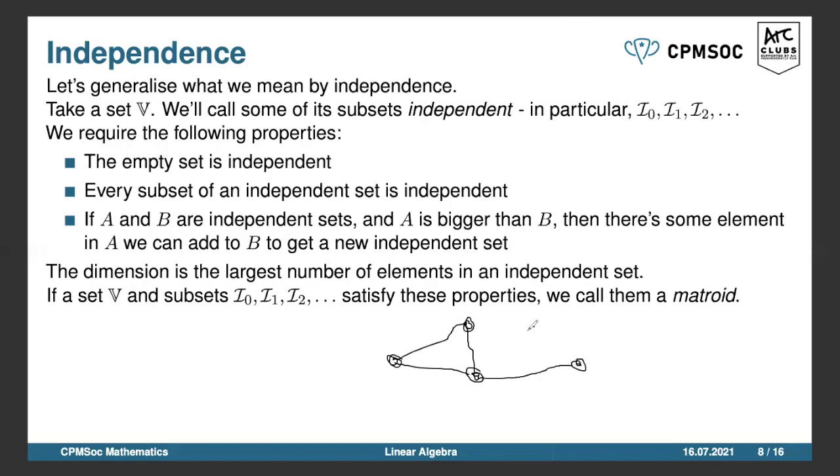If you take a subset of those edges such that there are no cycles in the subset, and what we mean by a cycle is kind of a loop in the graph like this, if you take all the subsets of edges where the edges don't form a cycle, along with the graph, that's an example of a matroid setup. So there's no vectors here, but there's still some shared properties with ordinary vector spaces.